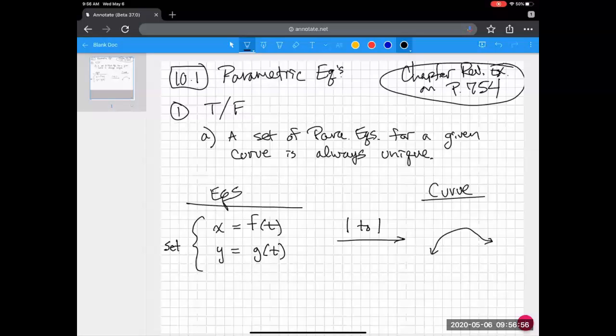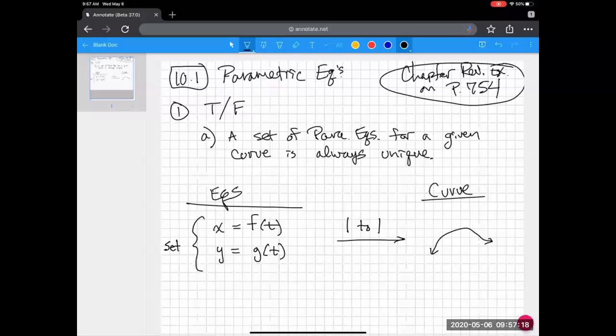Other questions, comments, discussion? Well, yeah. So I would say it's actually false because the way x and y is being generated is just by t going from 0 to 1 to 2.